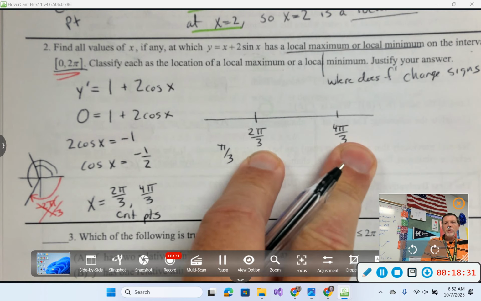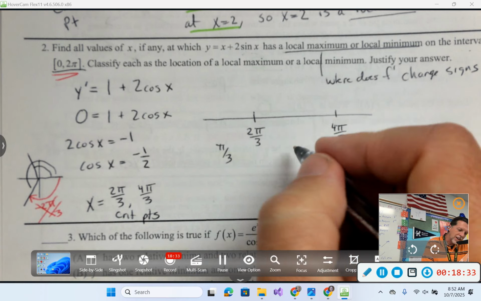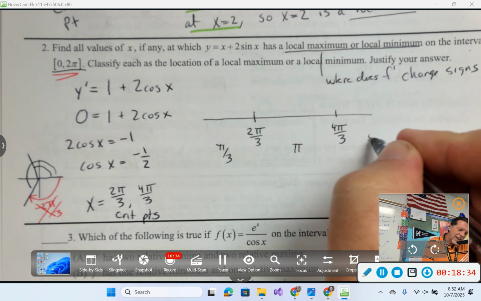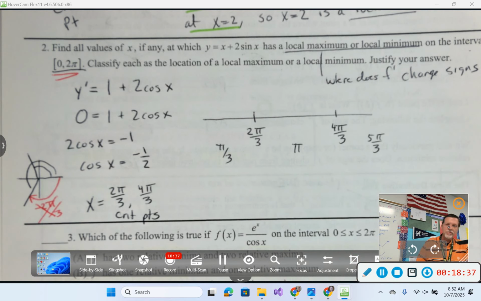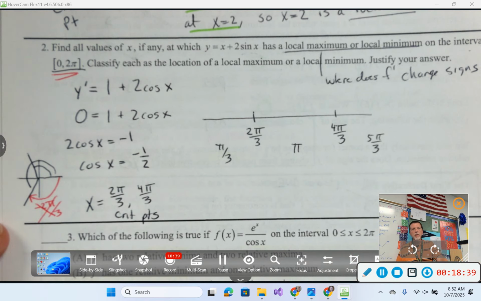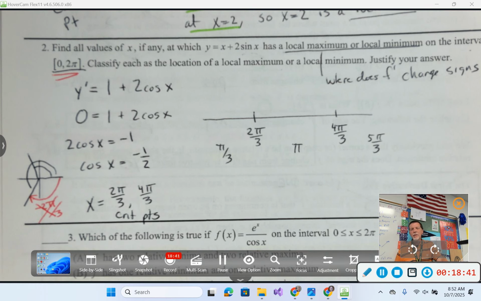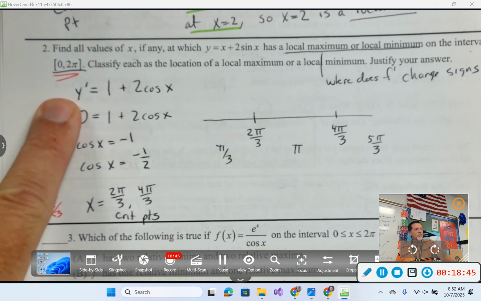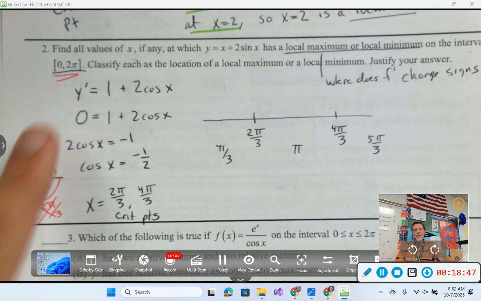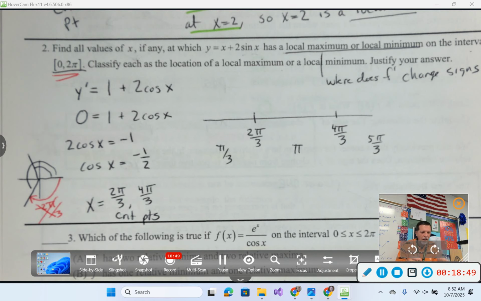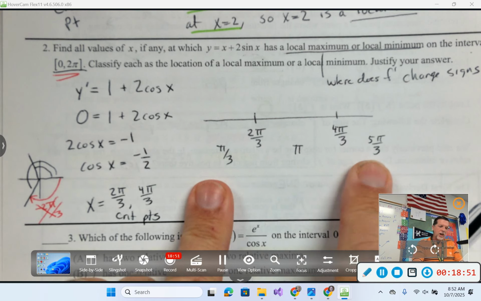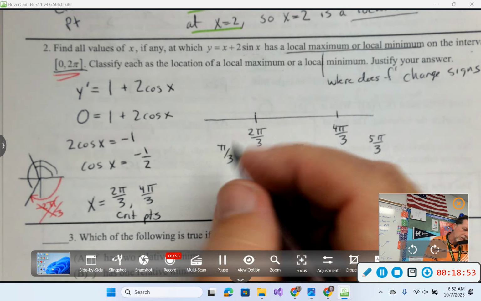How about something between 2 pi over 3 and 4 pi over 3? Pi. And then 5 pi over 3. Or 2 pi. But we would not want to go too far on this one because we know that the cosine is cyclical and we're only allowed to look between 0 and 2 pi. So we probably want our checkpoints in between 0 and 2 pi.